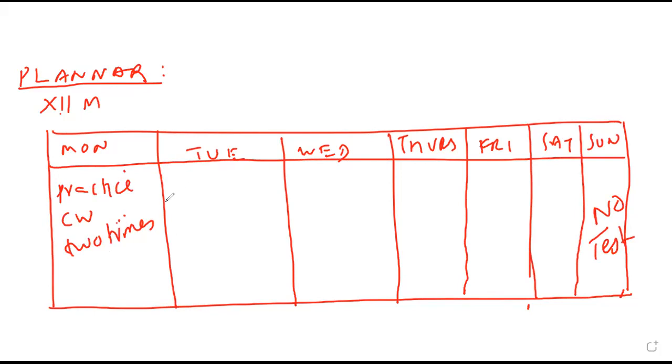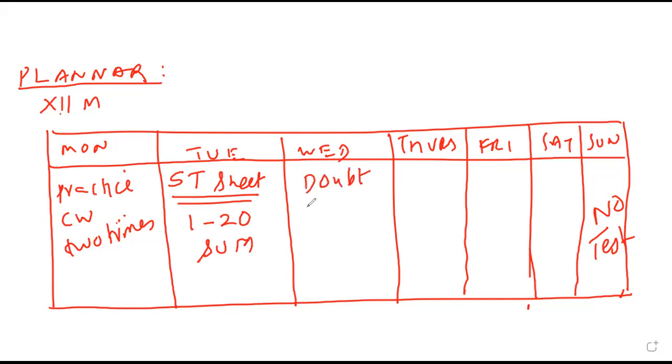Tuesday, surface tension sheet I have given you, 1 to 20 sums. Wednesday, doubt clearing of 1 to 20 sums, which I will do in the class, plus classwork practice 2 times.